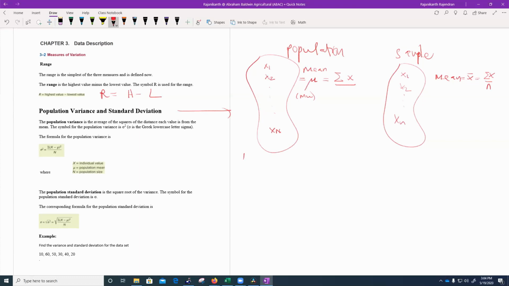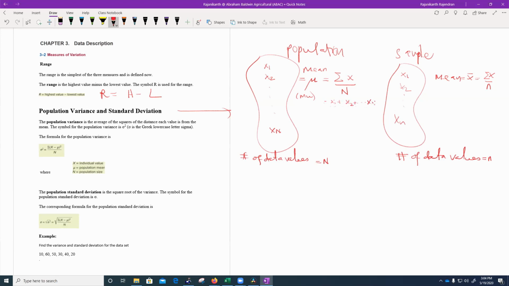So the number of data values under the population is say big N, and the number of data values under the sample is say little n. Therefore, the population mean mu is given by adding all the data values and dividing by what? N. In other words, you are adding all the data values x1, x2, all the way up to x of big N, because these are the data values I have under the population.